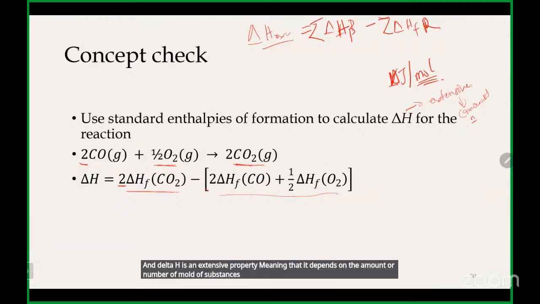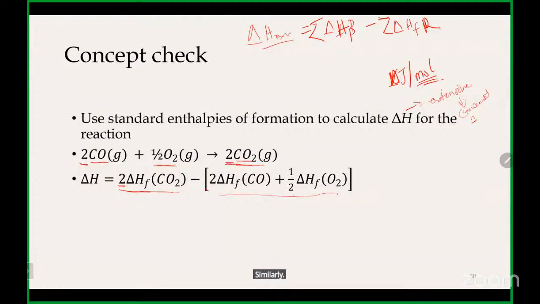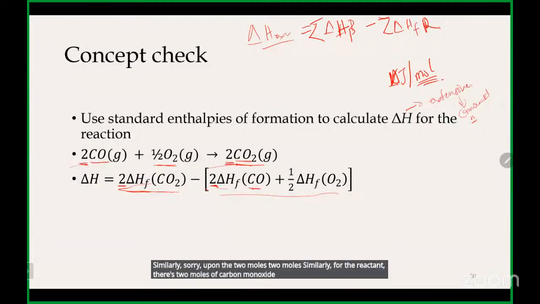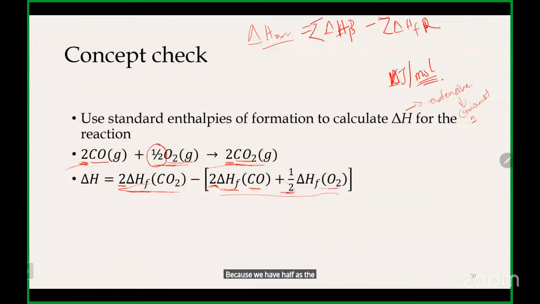So this is 2 moles of carbon monoxide, so we multiply the delta H of formation by 2. Similarly, for the reactant, there are 2 moles of carbon monoxide, so we multiply by 2 moles. And the delta H of formation of oxygen, we multiply by half because we have half as the stoichiometry.